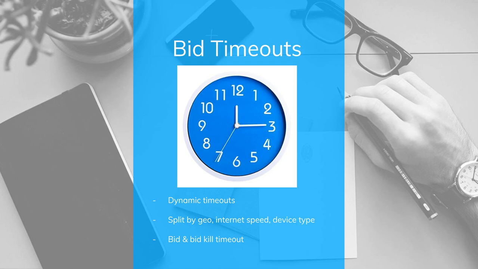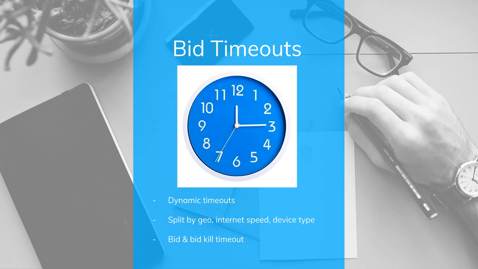The second one is bid timeouts. So there's a great opportunity for publishers to run dynamic timeouts. So that is running different timeouts over time, rather than having your classic static timeout that some of you might have seen via pre-bid. So what we do is we split the timeouts by geo.